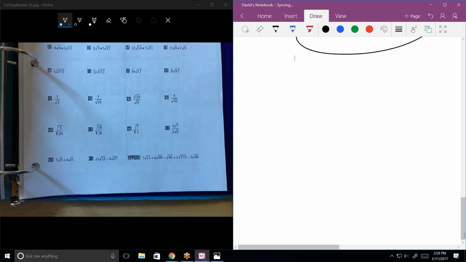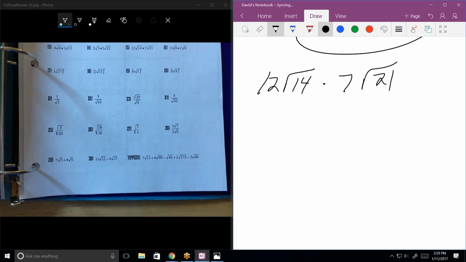Now, a more interesting one is 15. 12 root 14 times 7 root 21. Now, notice that if I use the same technique, I'm going to multiply 14 times 21 and then take the square root of it. Or try to factor, try to simplify it.